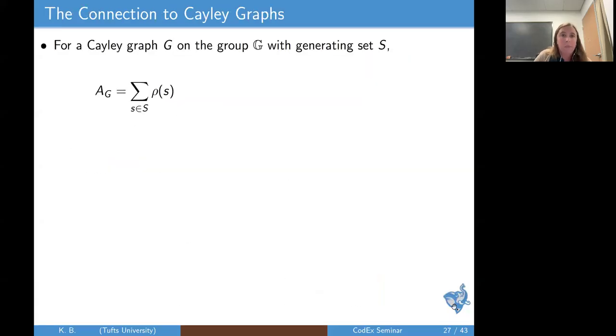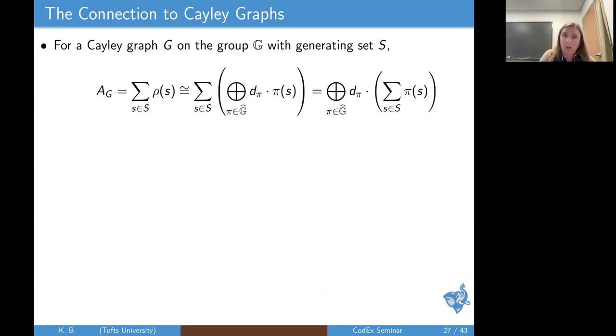So our adjacency matrix has this very nice way that we can write it in terms of the right regular representation. And we can push this further now that we know some more about the right regular representation, that it encodes all of the irreducible representations. So in particular, as we had just said, the right regular representation can be block diagonalized, or written as a direct sum of all of the irreducible representations of the group with multiplicity of their dimension.